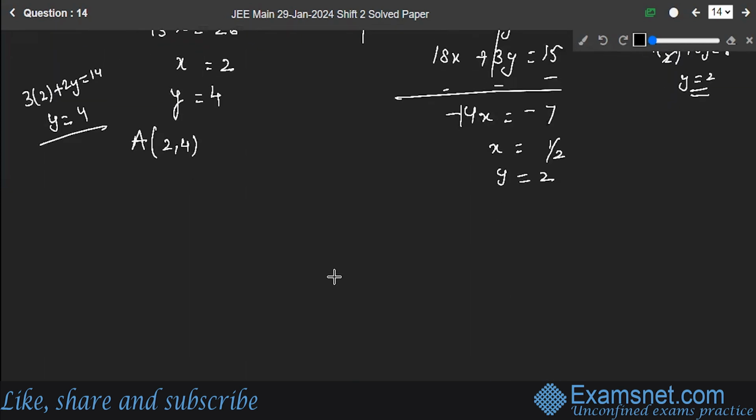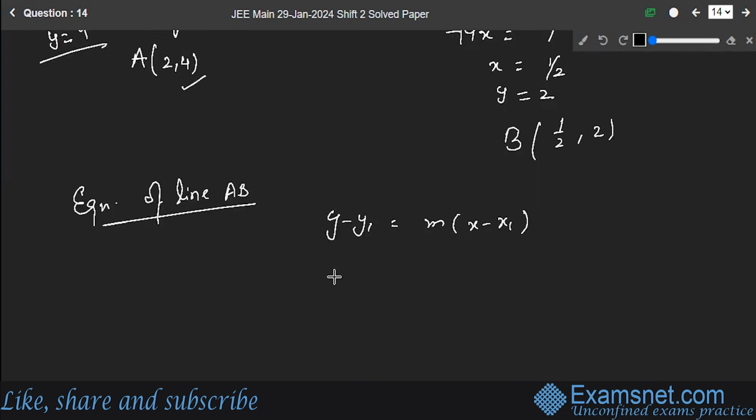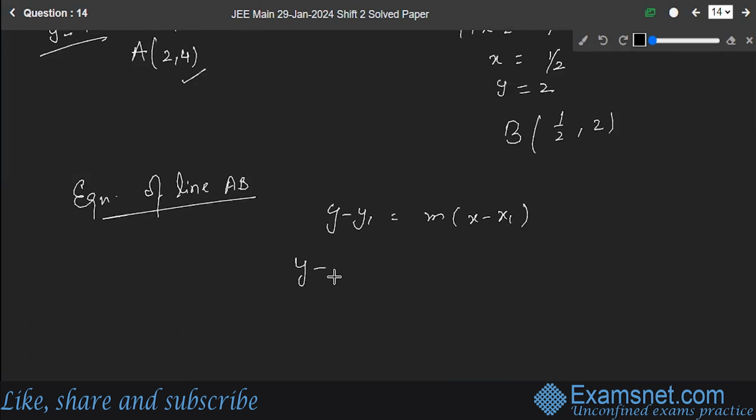Clear? Easy question. Only the calculation part is there. So now you have to frame the equation of the line AB. So equation of line AB, the general form y minus y1 is equal to m into x minus x1. M is the slope. I'll be taking this point. So this is y minus 4 is equal to m, given by 4 minus 2 divided by 2 minus 1 by 2, x minus 2.